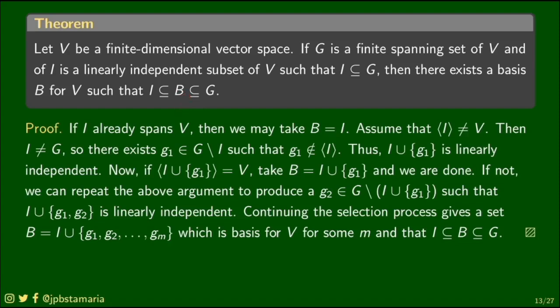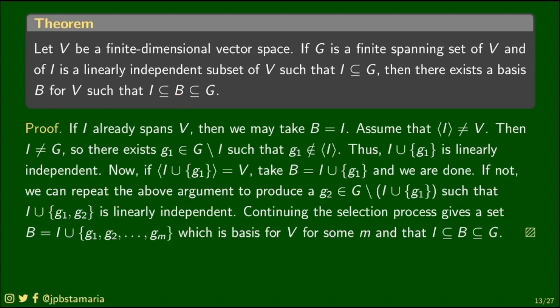You can think of independent sets as sets with a few vectors. Sometimes it's so few that it cannot span the space. A spanning set may be too plentiful, because there may be redundant vectors in it. So somewhere in the middle, there is a set that is just the right size to span the space, and that is a basis.